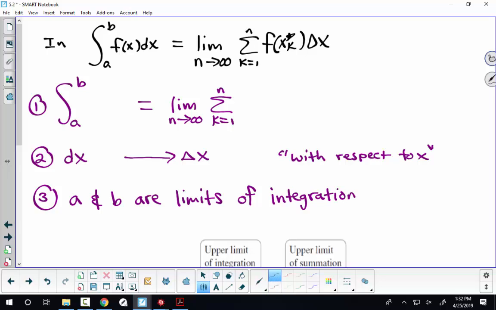We find an area on a specified interval. So a is our starting point and b is our ending. We have to remember in the context of 5.1 that x sub 0 is a, and x sub n is equal to b.